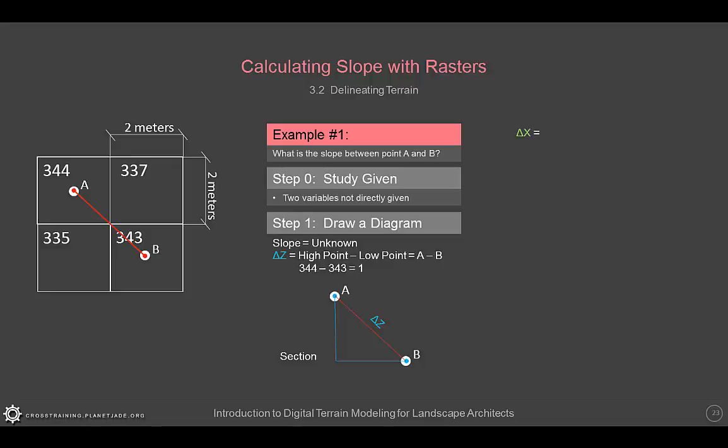Now we need to figure out what our change in x is. So I'm going to draw a plan view. So there's our point A and B in plan view. There's our line, or slope line, that's running across there. So that represents our, I'm going to call it the change in x, but what it really is the change in the xy plane.